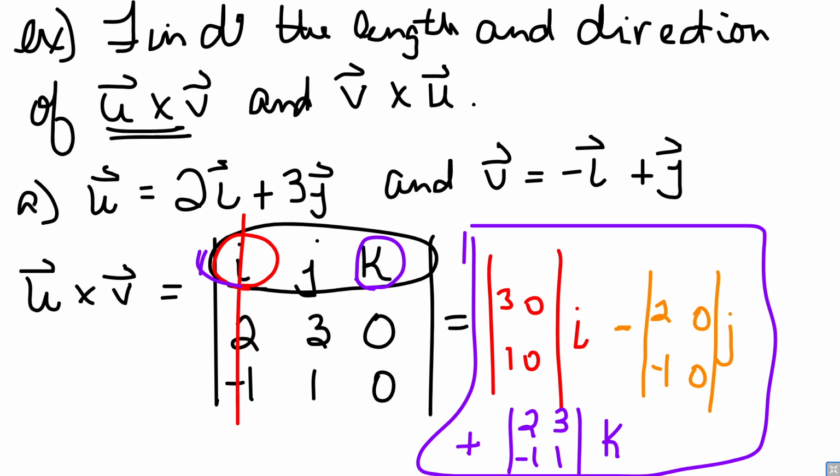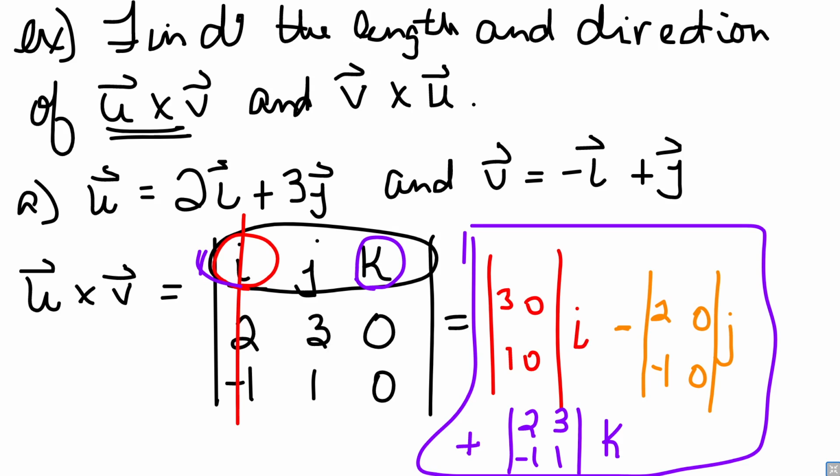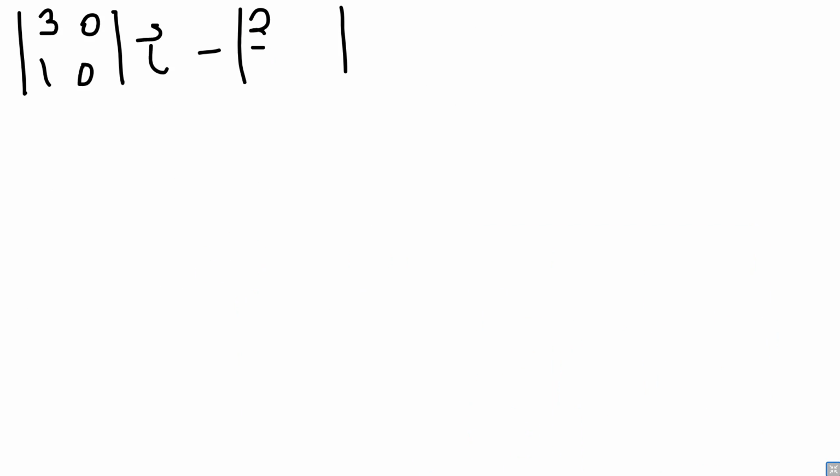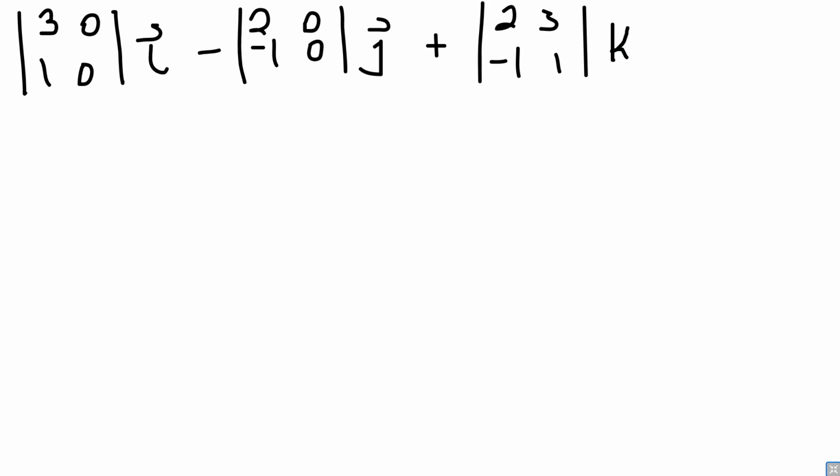Starting off, I'm going to have 3, 0, 1, 0 times the I component, minus, next I'm going to have 2, -1, 0, 0 times the j component, plus, then I'm going to have 2, 3, -1, 1 times the k component.